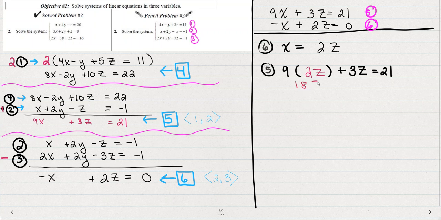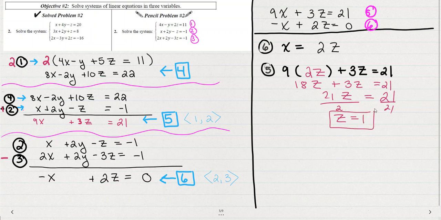So 18z plus 3z equals 21, or in other words, 21z equals 21. Divide by 21, and we get that z is equal to 1. There's our first variable solved for.